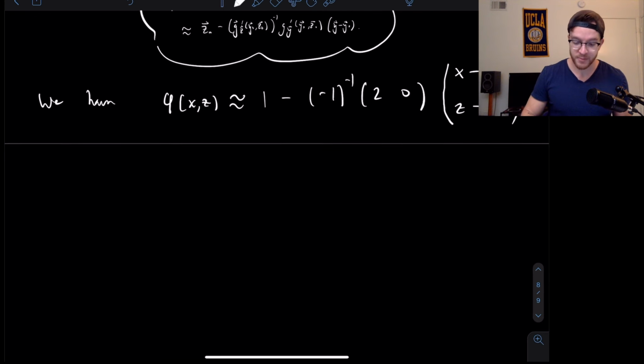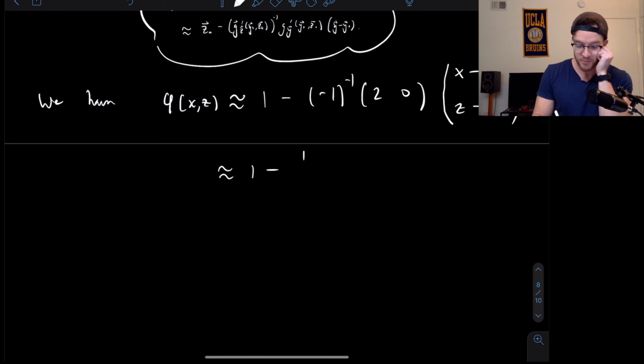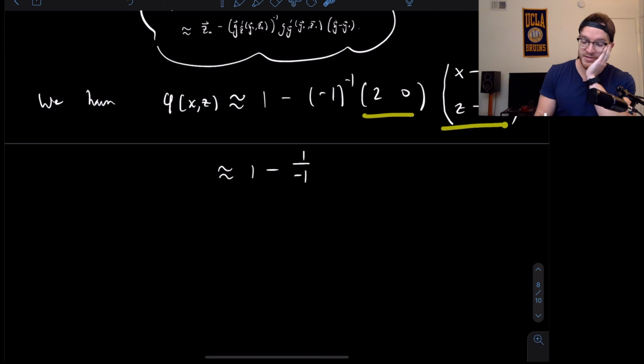And if we simplify this, the inverse of the matrix -1 is -1. You could think about this as 1 over -1, times, if you multiply this stuff out, you'll get 2 times x plus 0 times this, so plus 0.